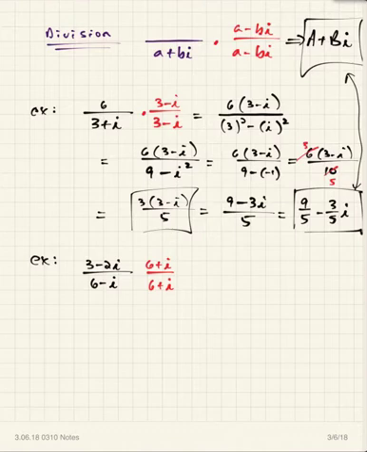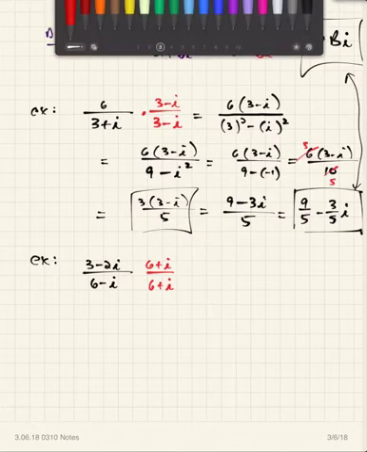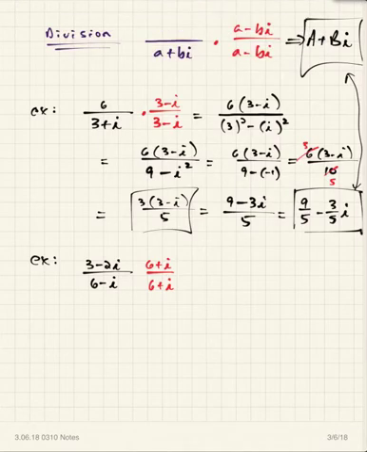So you're multiplying numerator and denominator by 6 plus i, because the original denominator was 6 minus i. Remember, you have to do the same thing to both the numerator and the denominator.